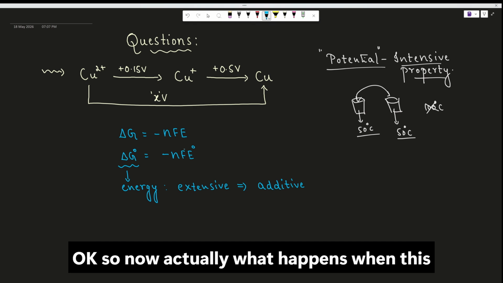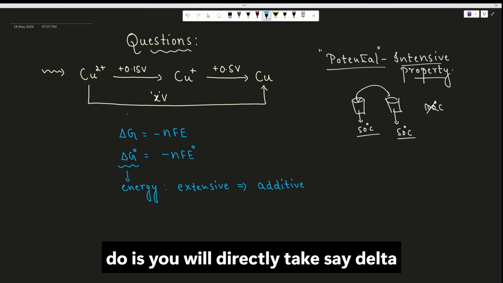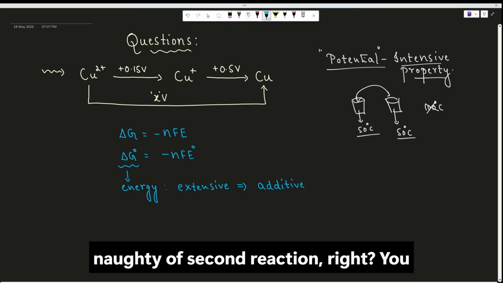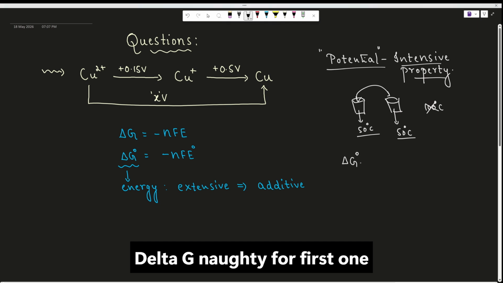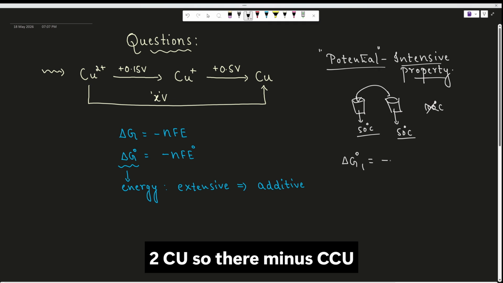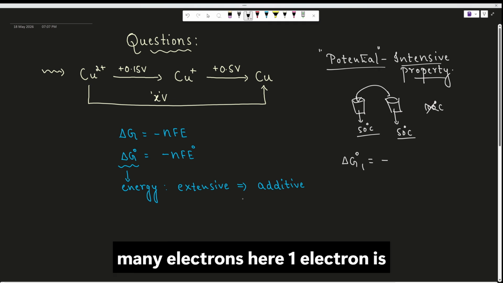Okay. So now actually when this type of question is given, what you will do is directly take delta G naught for the first reaction, then delta G naught of the second reaction, right? If I write delta G naught for the first one, that is from Cu2+ to Cu+, there it is minus, see Cu2+ to Cu+ means how many electrons?